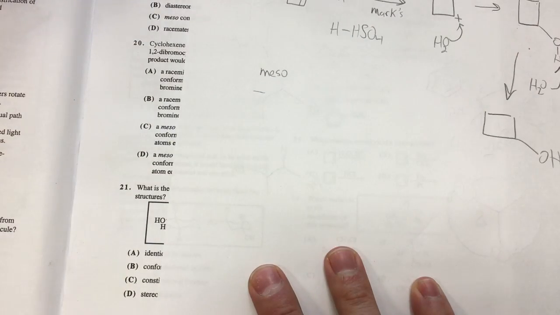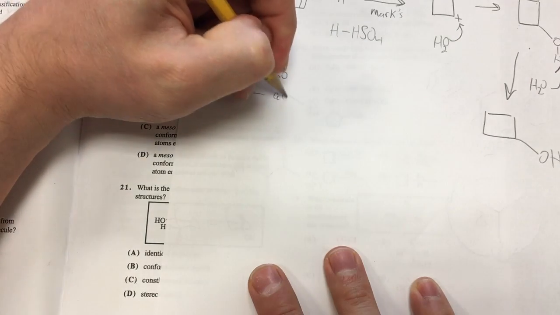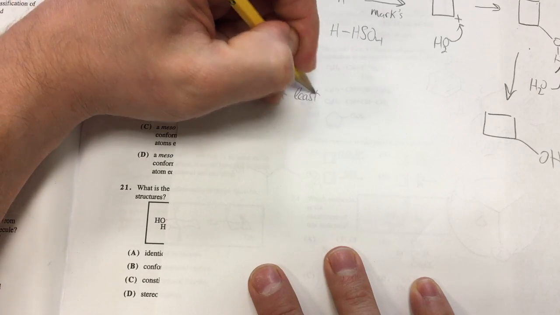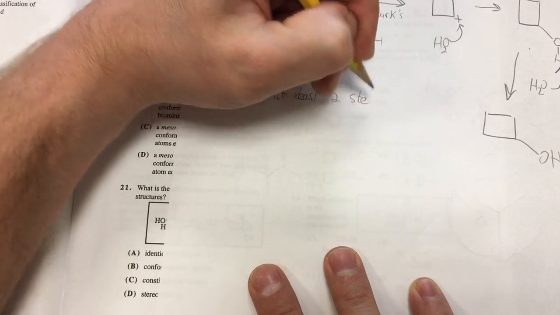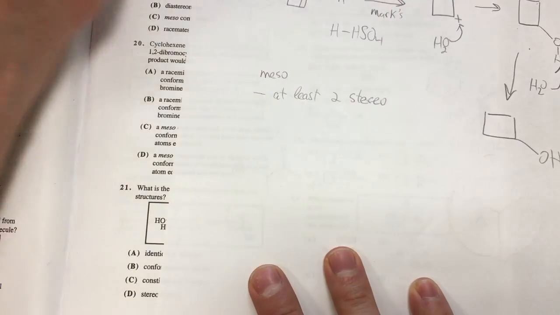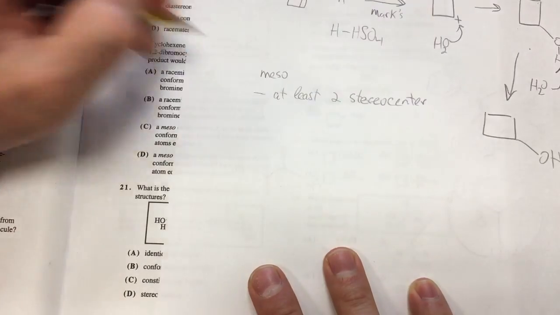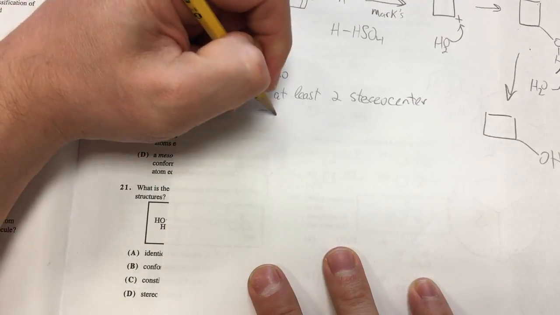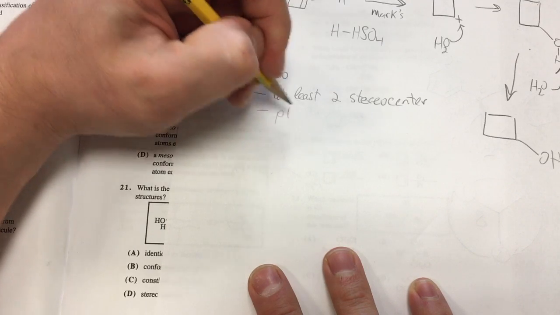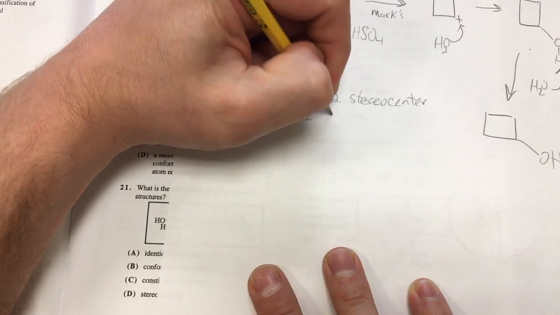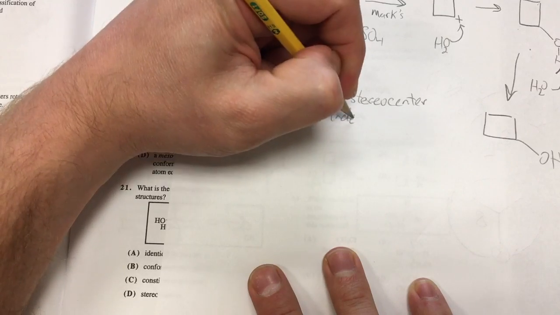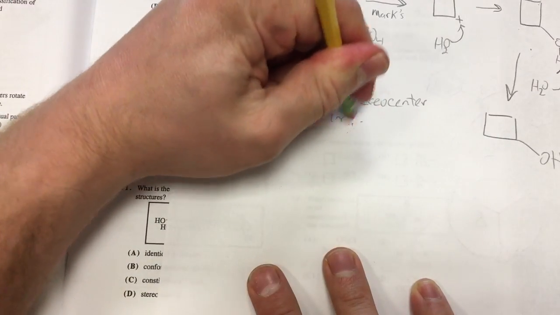Here, meso means it has to have at least two stereocenters, a stereogenic center is what I'm referring to. It has an internal plane of symmetry, and I'll show that here in a minute.